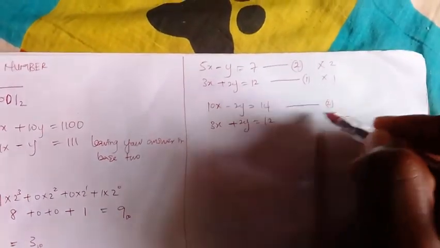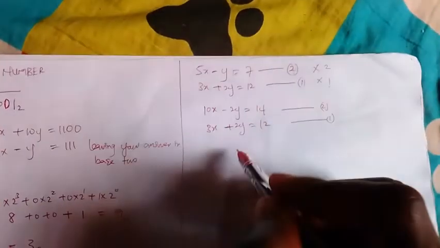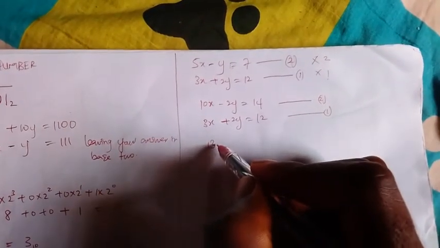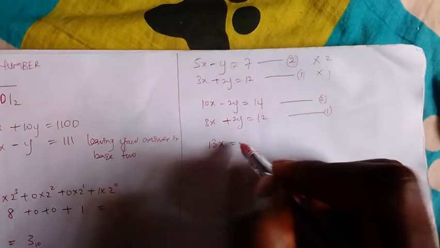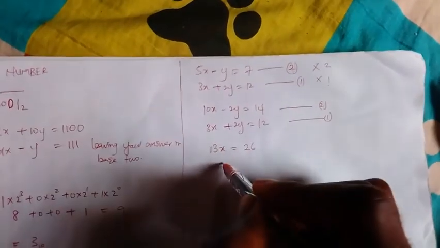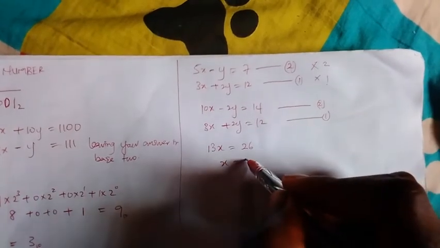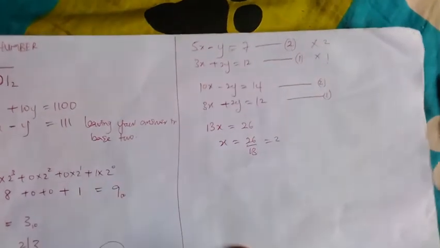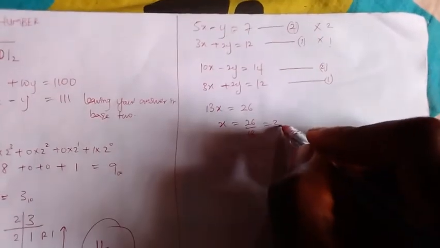This is equation 1. On adding, we get 13x equals 26. So in this case, my x is 26 over 13, which is 2. Now this is 2 base 10, don't forget.